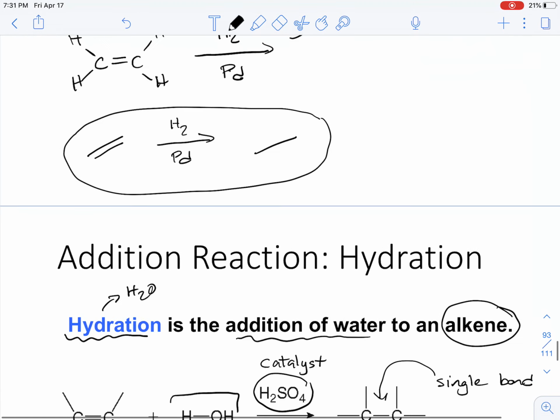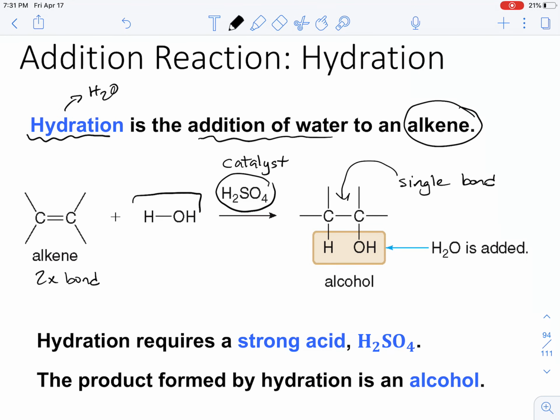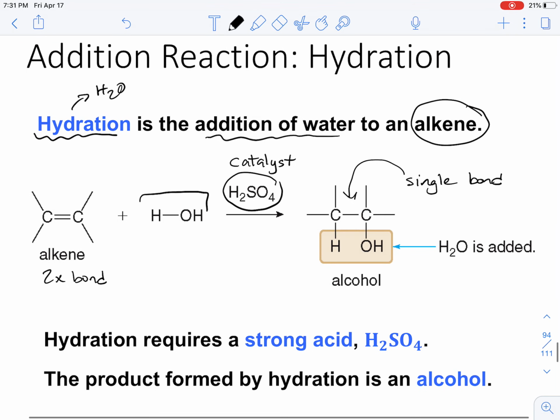And so here, for hydration, since your catalyst is H2SO4 and your reactant is H2O, the product is still going to be an alkane, but you actually produce a functional group that we're going to discuss in a future lecture, which is an alcohol, an OH group.